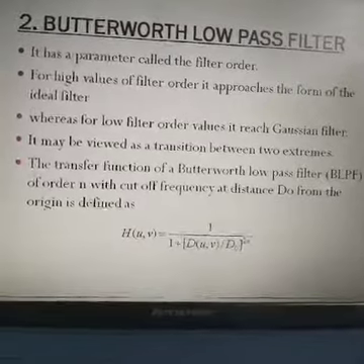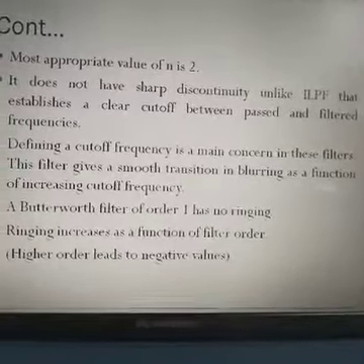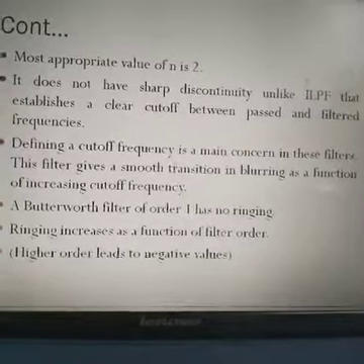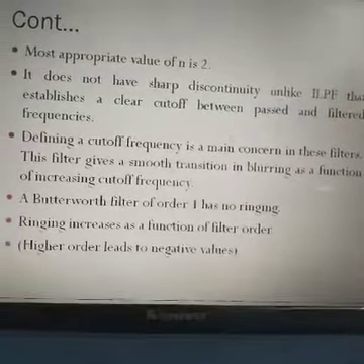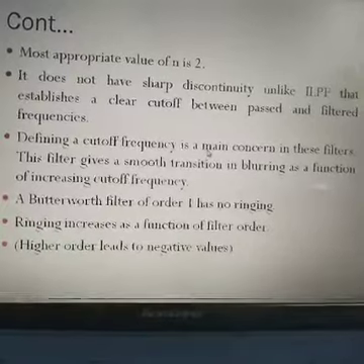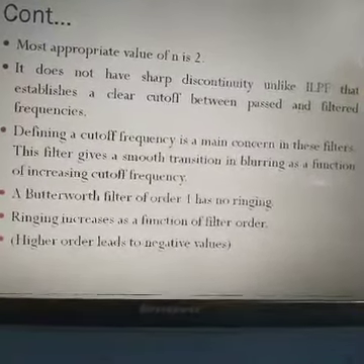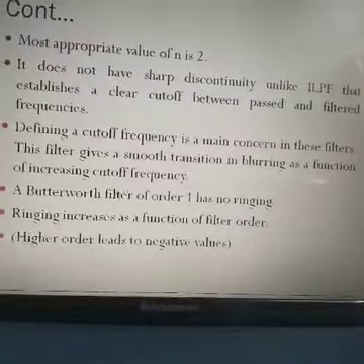So the power is 4. It does not have a sharp discontinuity, unlike the ideal low pass filter, which establishes a clear cutoff between the pass and the filtered frequencies. Defining a cutoff frequency is a main concern in these filters. This filter gives a smooth transition in blurring as a function of increasing cutoff frequency.